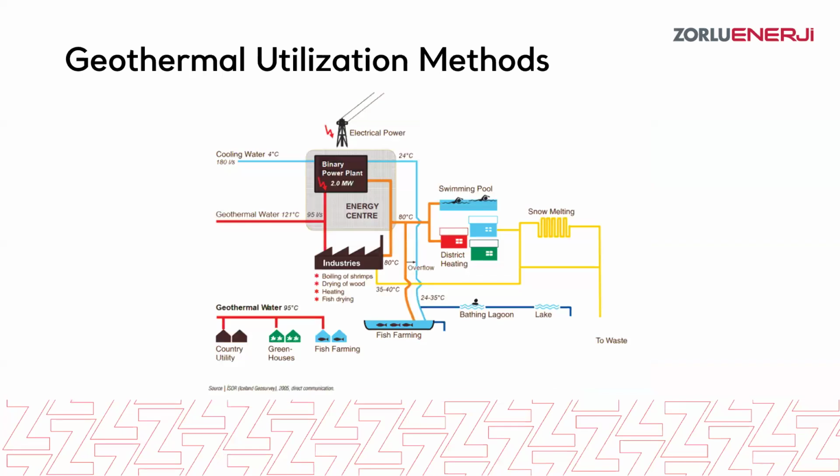and here we are seeing again all the possible applications of geothermal utilization methods, and this is a very great diagram to summarize the geothermal applications as well. Here, you are using geothermal fluid to produce electricity, and after you have produced that electricity, you still will have some remaining heat in that geothermal fluid.